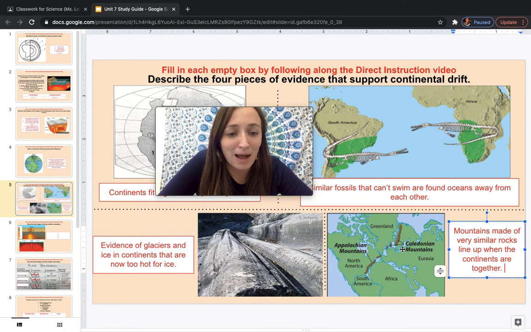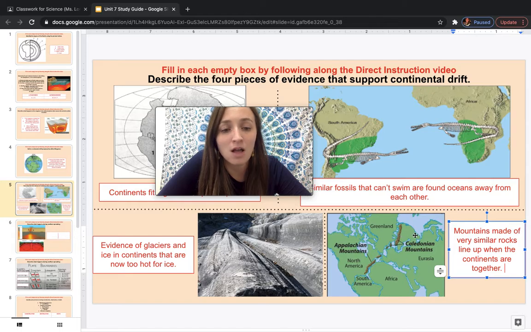And there's another mountain range called the Caledonian Mountains that are in Europe, which is all the way across the ocean from us. The rocks in both of these mountain ranges are not only the same type of rock and the same age, but also when you line up the continents, put them together like those puzzle pieces that they are, that mountain range lines up beautifully, like it's one long string of mountains, okay?